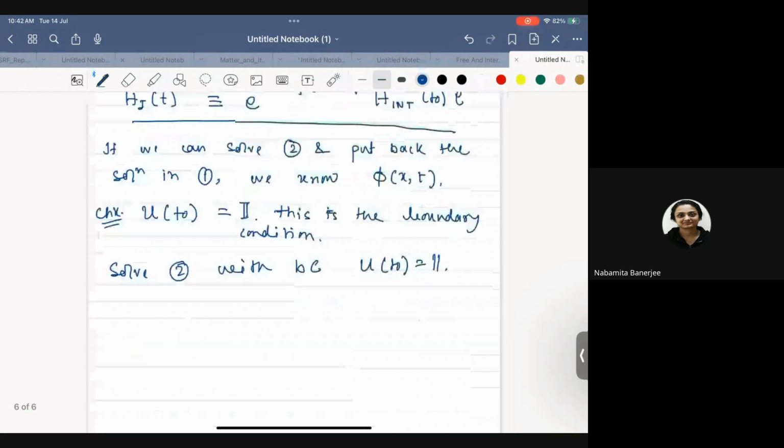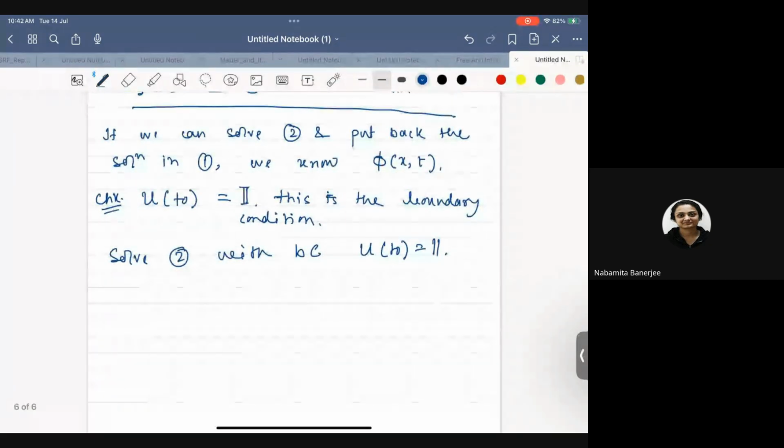Good. So now, in my usual class, I would have done this solution for you. But in this class, that would be too much. So I'm just going to give you the solution, and then I'm going to provide you notes where I have the detailed derivation of the solution. Okay. So here I'm just going to write the solution is following.